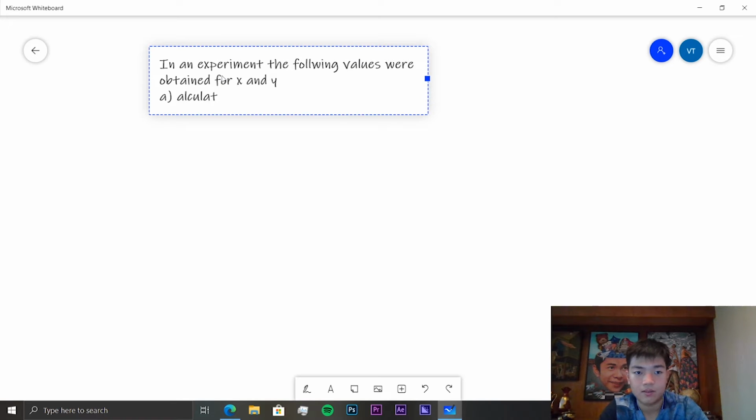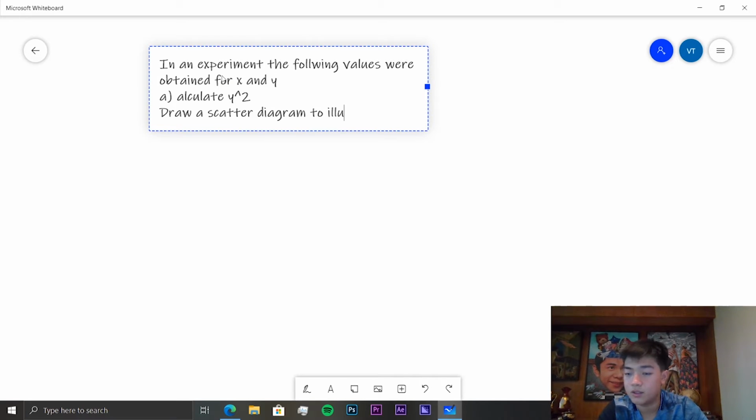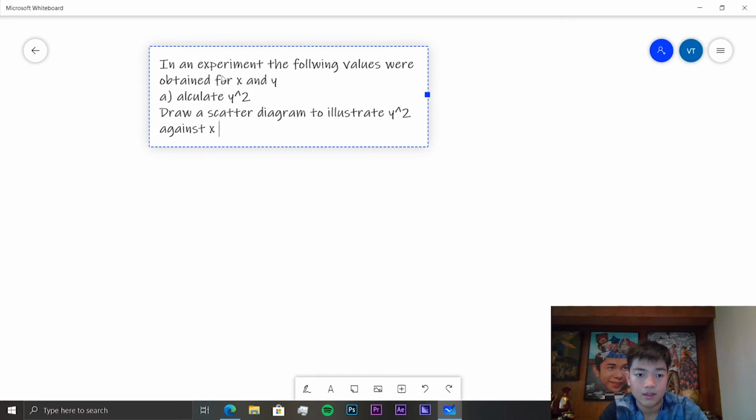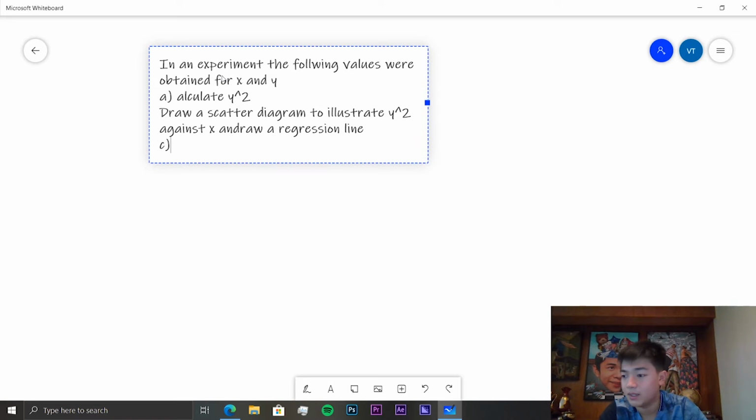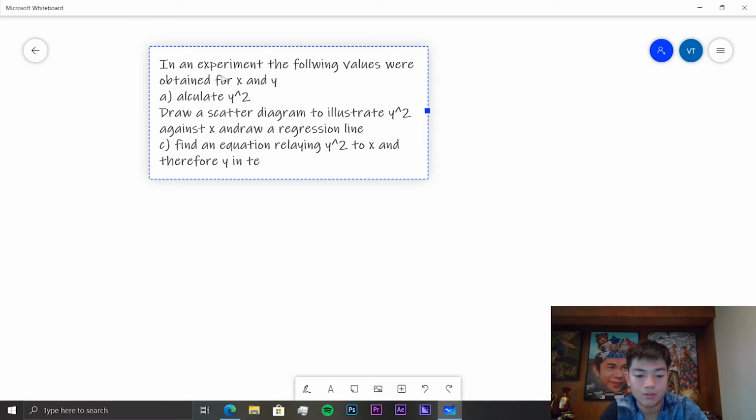Calculate y squared, draw a scatter diagram to illustrate y squared against x, and draw a regression line, and finally find an equation relating y squared to x, and therefore y in terms of x.